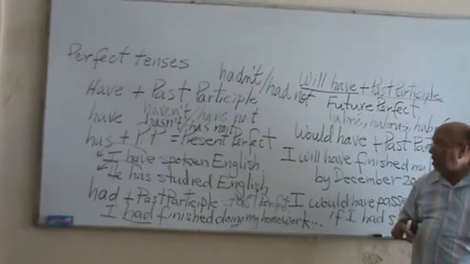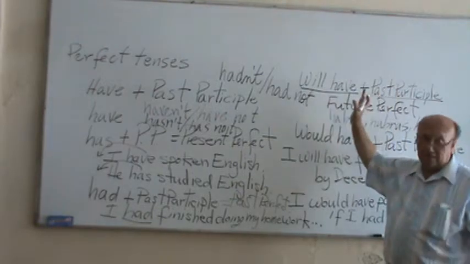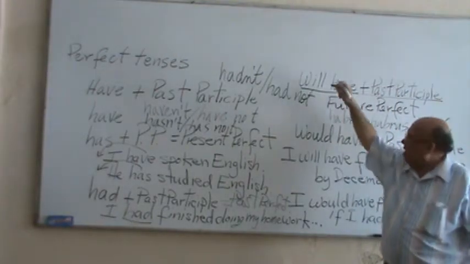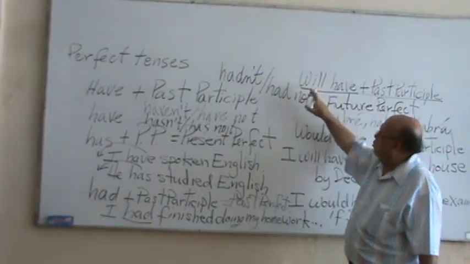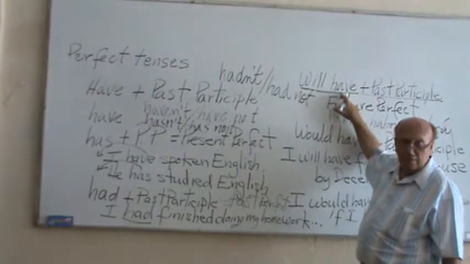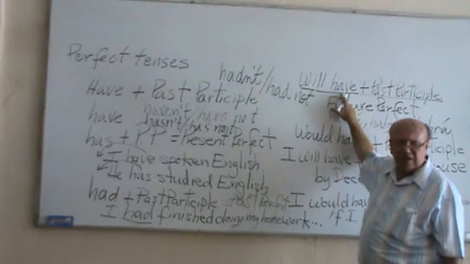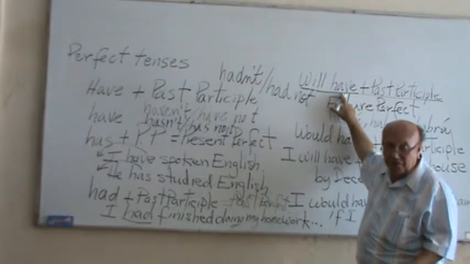Okay? So, will have plus past participle. Well, here we have two auxiliaries, will and have. You have to pay attention in this explanation that I'm going to give you. This is a wonderful tip.